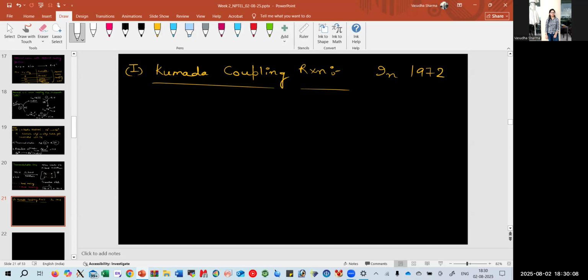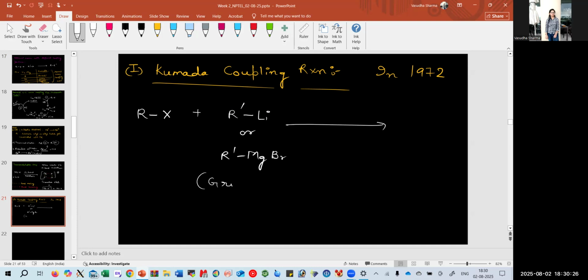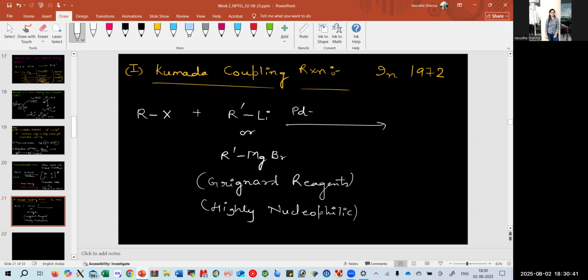So here basically we have the general reaction, a halide source, and here M can be lithium or magnesium, which is your organolithium or Grignard reagents, basically. They are highly nucleophilic. So in the presence of a palladium catalyst, it would give R-R'.